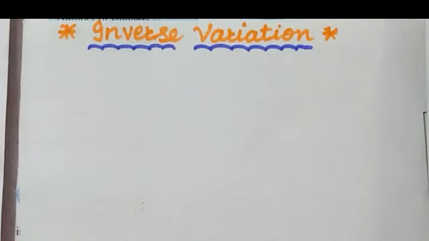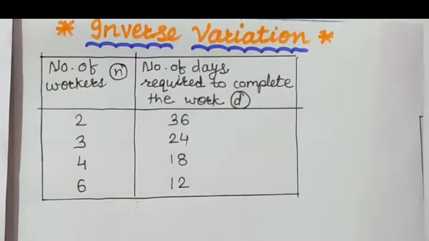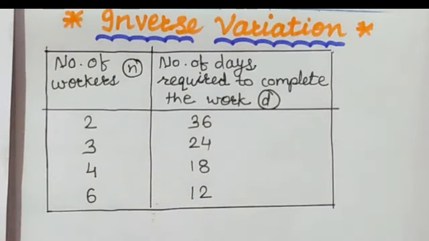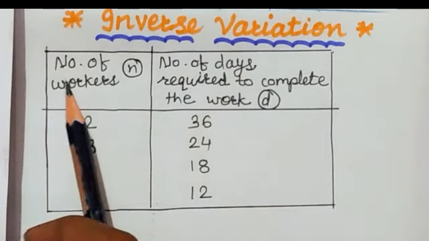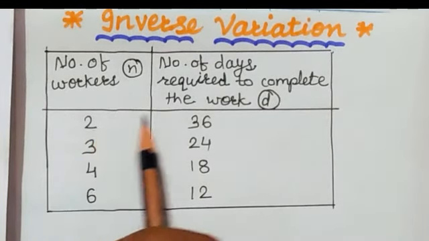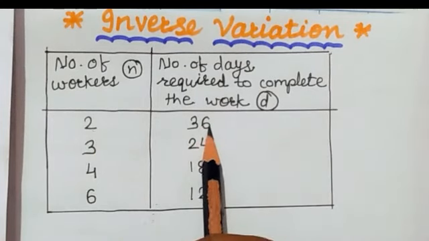So let's take one example to understand the concept. Students, let's take one example. Suppose any construction work is going on in the field, and suppose the number of workers is 2. 2 workers are completing the same task in 36 days.